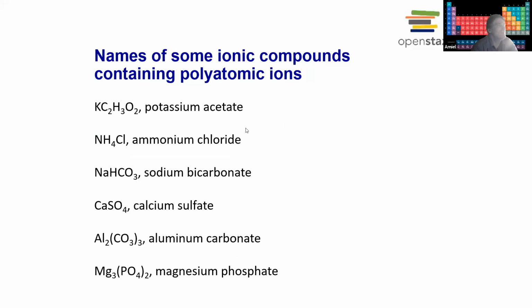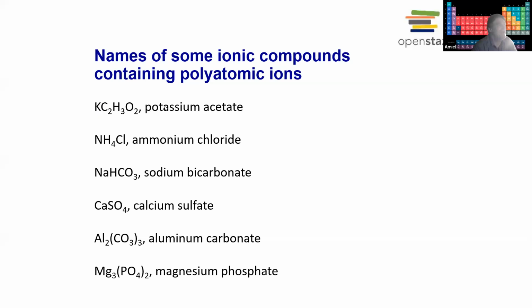Here are some polyatomics now. This is why it's important when naming compounds to have that polyatomic ions list handy. We have acetate. That is C2H3O2. All C2H3O2 is the acetate. If you go back to the polyatomic list, it's right on there.